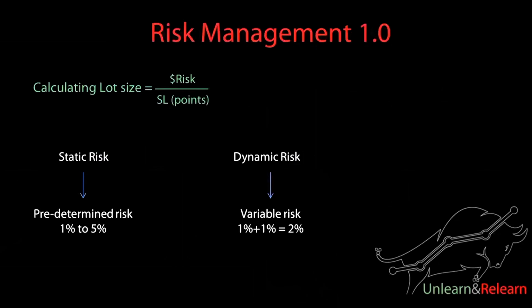Let's say Brian says, I'm going to use 3% risk on this one trade, but I'm going to break 3% down into three 1% positions. Makes sense? Now you're breaking down your risk. That's what dynamic risk is.